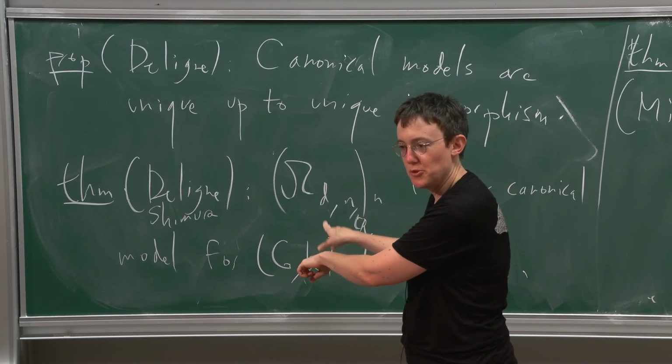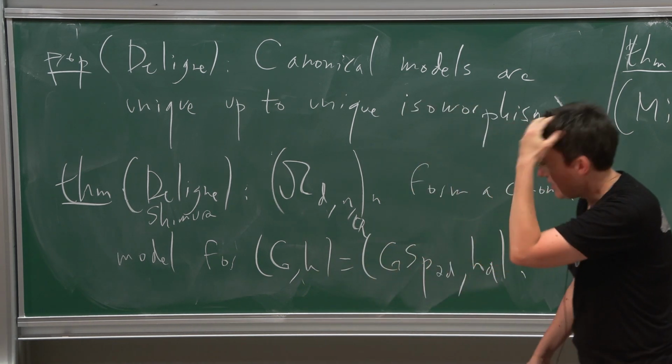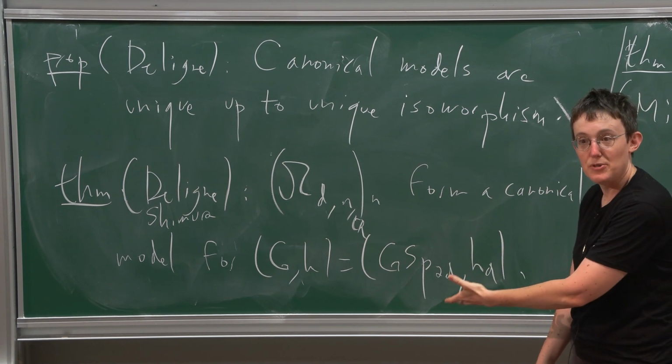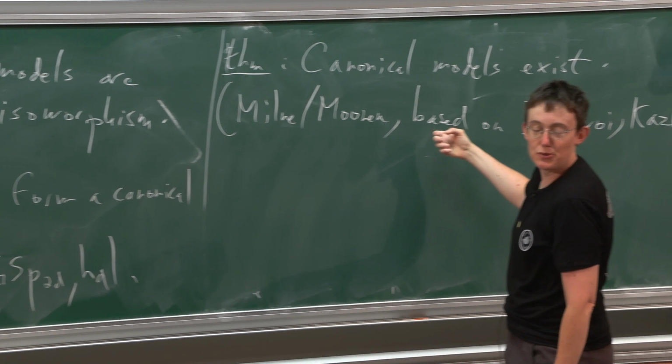They're all trying to reduce to this somehow, some moduli problem. And you never get all Shimura varieties like that. For example, you don't get the exceptional type Shimura varieties. The proof of this theorem is totally different.